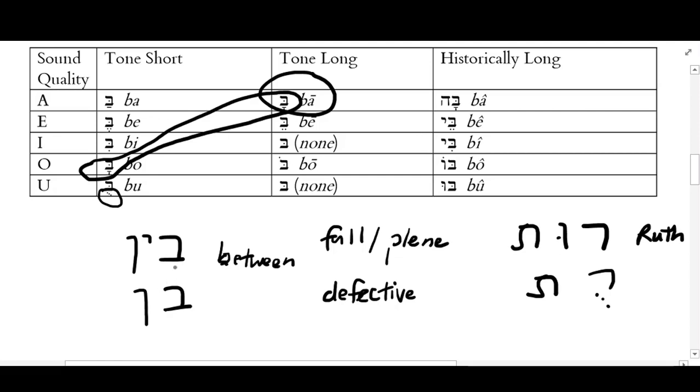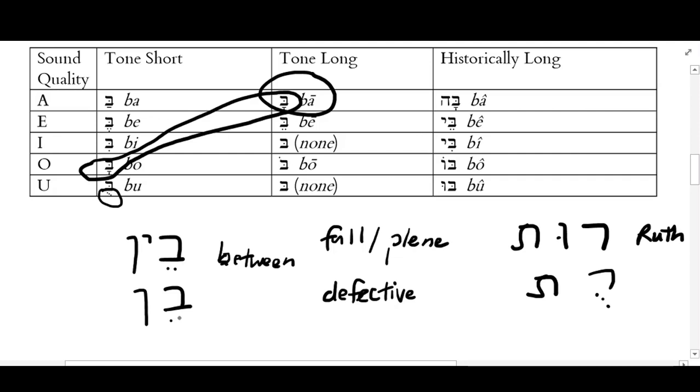They're still the same word, they're both pronounced the same way, bain, bain, and when the Masoretes took their consonantal text and added the vowel points to represent that A sound, they added the segol, the tsere, and left the mater there.